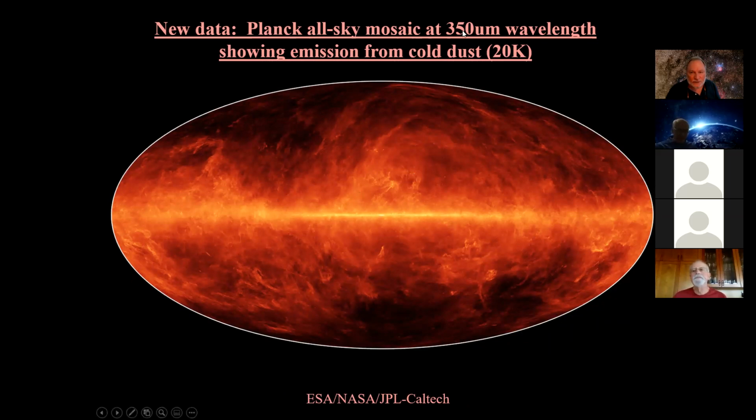And their highest frequency, shortest wavelength emission is at 350 microns. So that would be, I don't know, 3 hair widths. And it, again, is showing emission from this irradiated dust, but it's a beautiful piece of data, well calibrated, et cetera. So this is available to everybody, even rubes like me, through NASA's Skyview facility online.